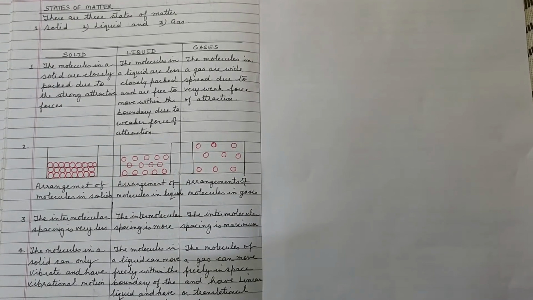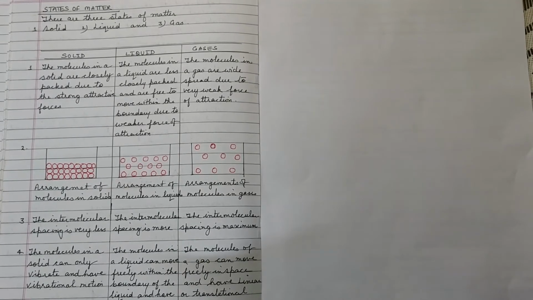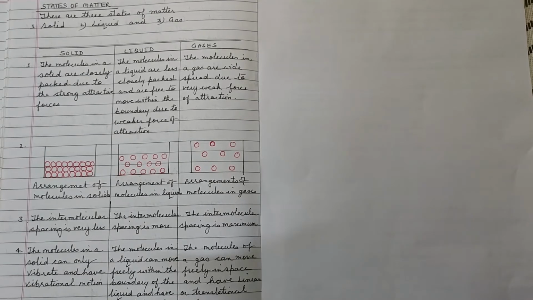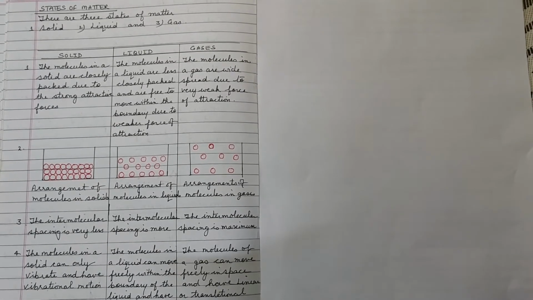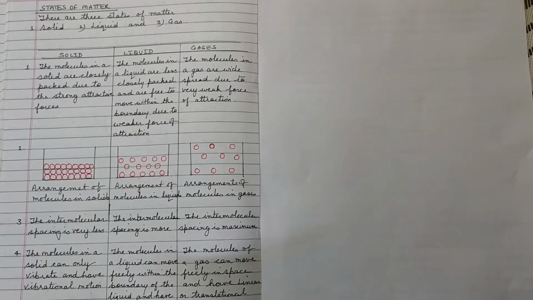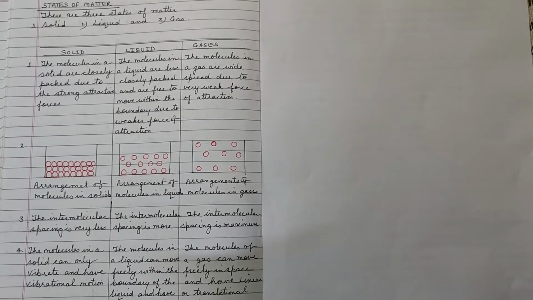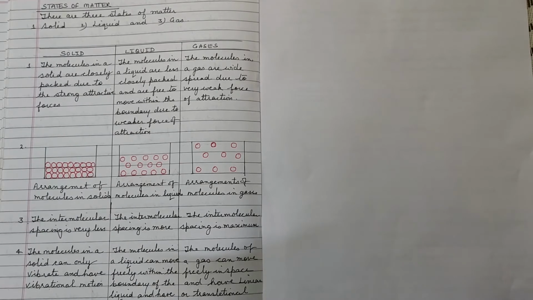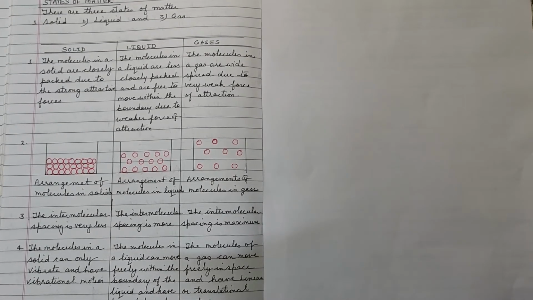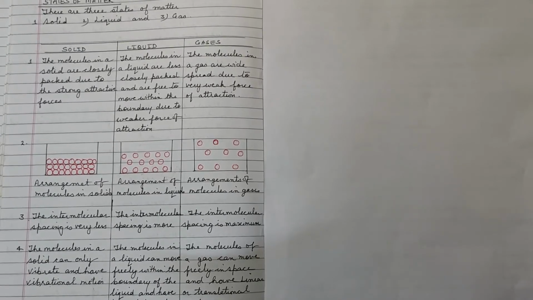There are mainly three states of matter: solid, liquid and gas. If you're ever asked to differentiate between solid, liquid and gases, we'll be taking different points. In solids, the molecules are closely packed due to strong attractive forces.